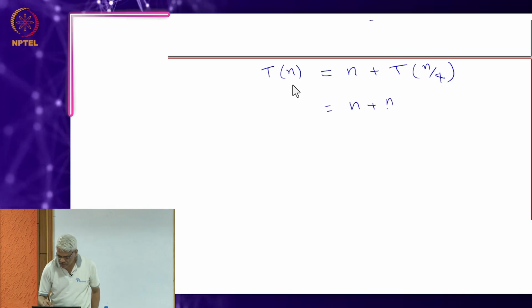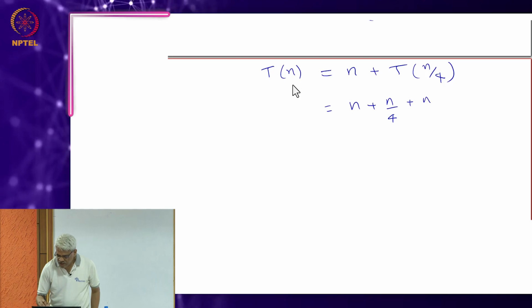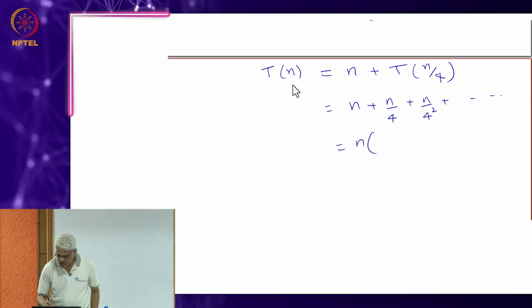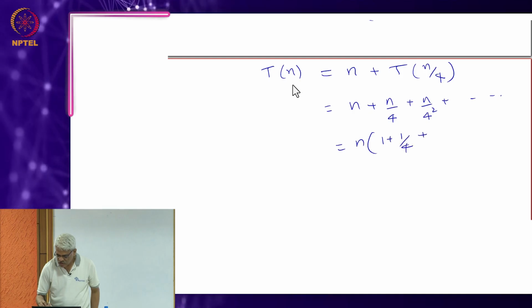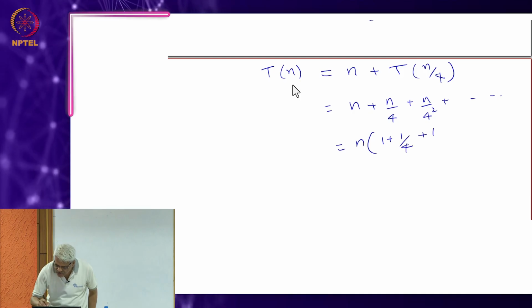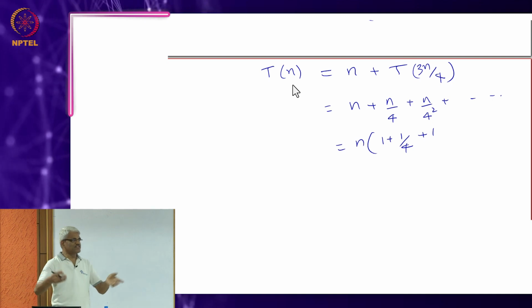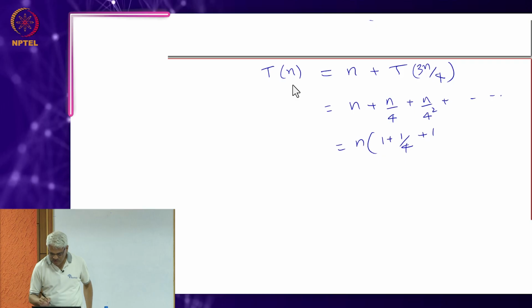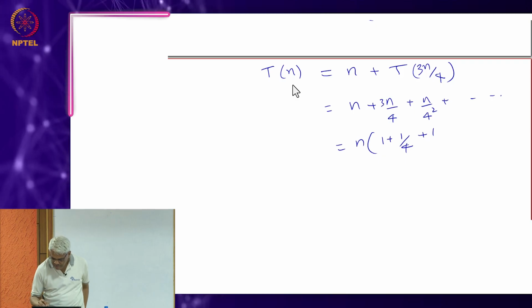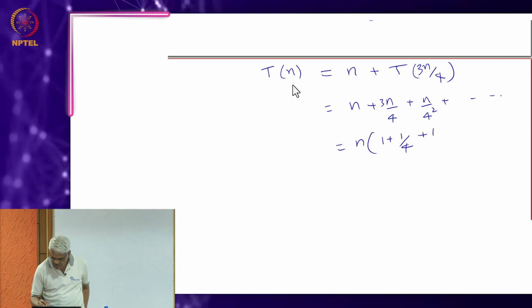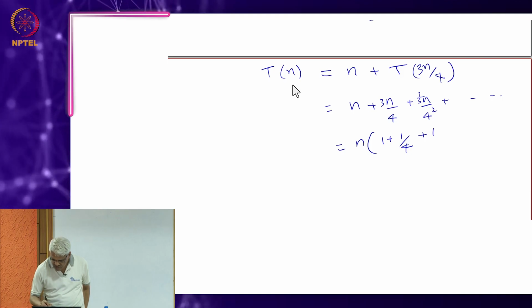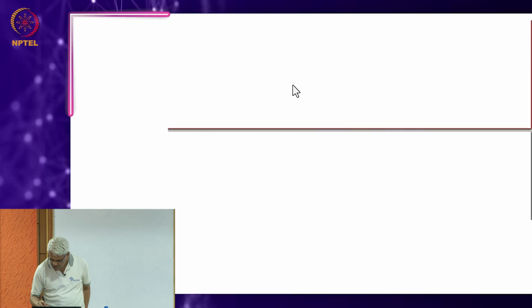N plus n by 4 plus n by 4 square, and so on. So this is n into 1 plus, no, let's do 3n by 4. If I do n by 4, obviously it's going to be even better than n by 2. So let's do 3n by 4, and I want to say even this is good. So it's 1 plus 3 by 4 plus 3.